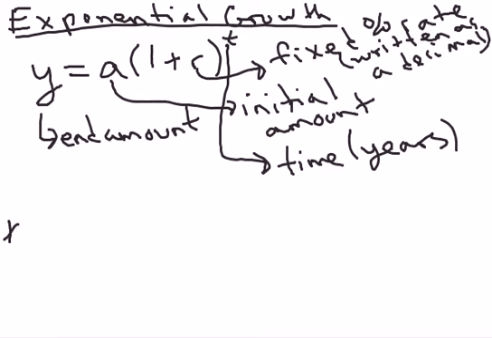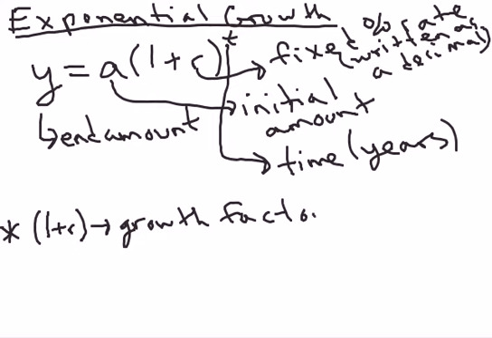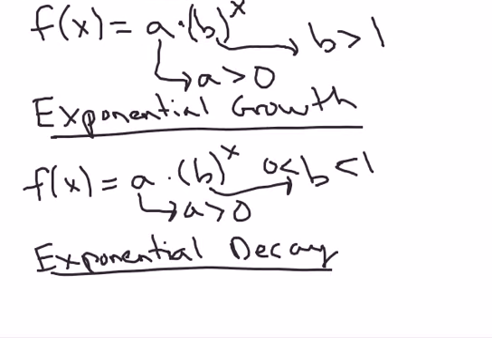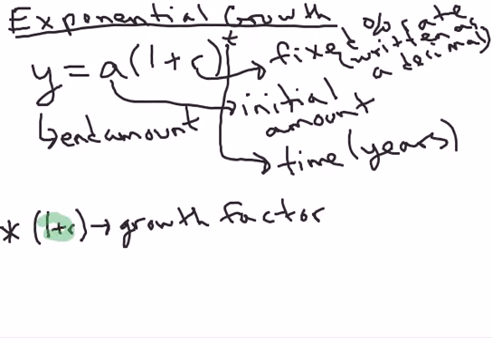And one other thing I wanted to say is the set inside the parentheses, the 1 plus r, is known as the growth factor. Okay, and if you compare this to the original definition on this page of exponential growth, you have the growth factor being b. That growth factor there is referring to the same thing here.